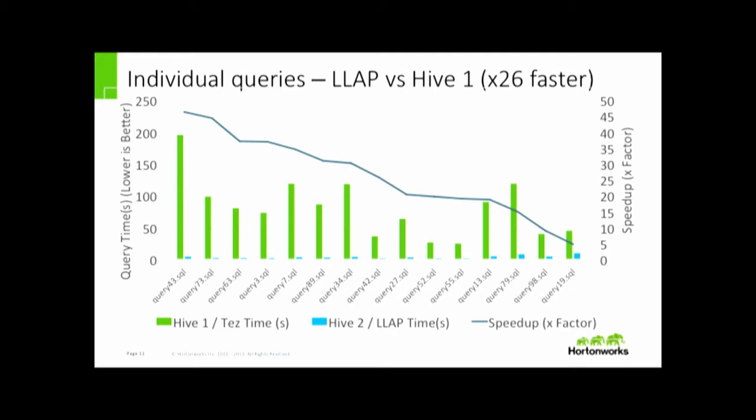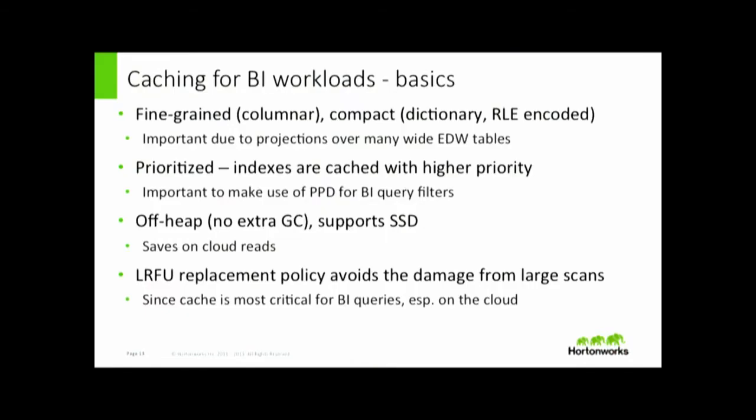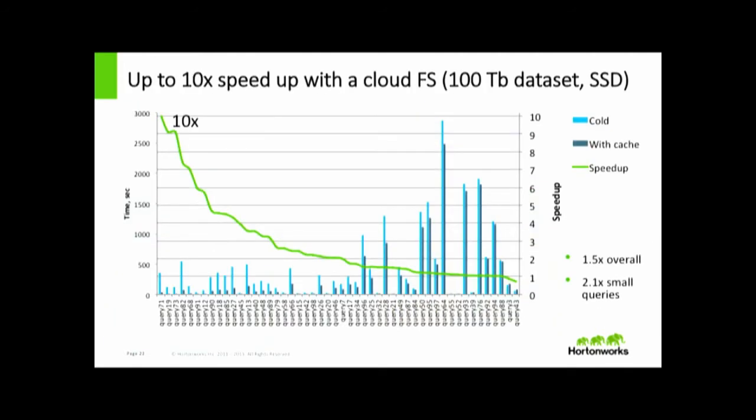Regarding the caching part of it, as LLAP is caching the data, how do you mark the state when data is changing on the disk? We are using the famous feature of HDFS and pretty much all cloud file systems that you never update the files other than appending to them. So the data is cached by unique file identity.